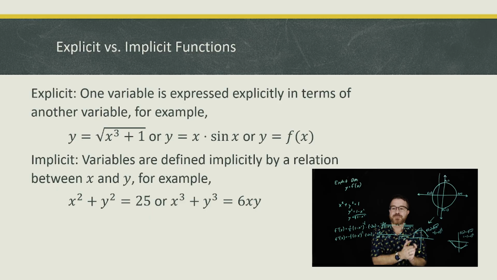Implicit means that the variables are defined implicitly by a relationship between the two variables, in this example between x and y. So we might have something like we just did, x squared plus y squared equals 25, which would be a circle with a radius of 5, or x cubed plus y cubed equals 6xy. In this case, we have x's and y's that can't easily be defined just in terms of one other variable.